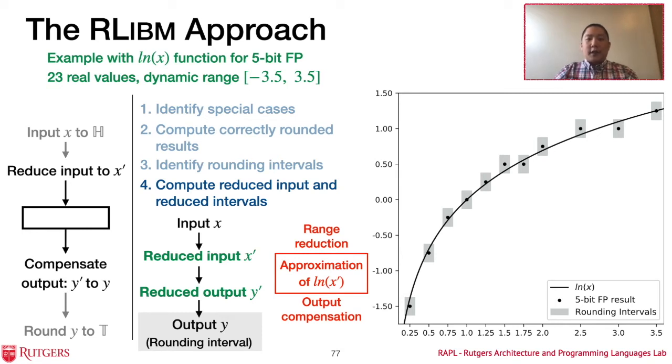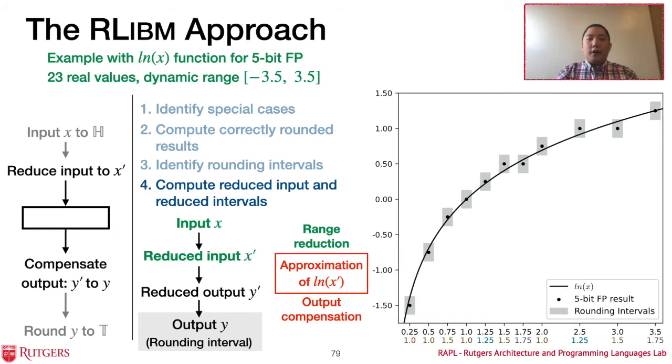Therefore, in our fourth step, we compute the reduced inputs and the range of values that the reduced output y prime can be for each input x. To compute the reduced input, we use the list of inputs x and perform range reduction on them to produce the reduced inputs x prime. The graph shows the reduced inputs on the x-axis below each of the original inputs.